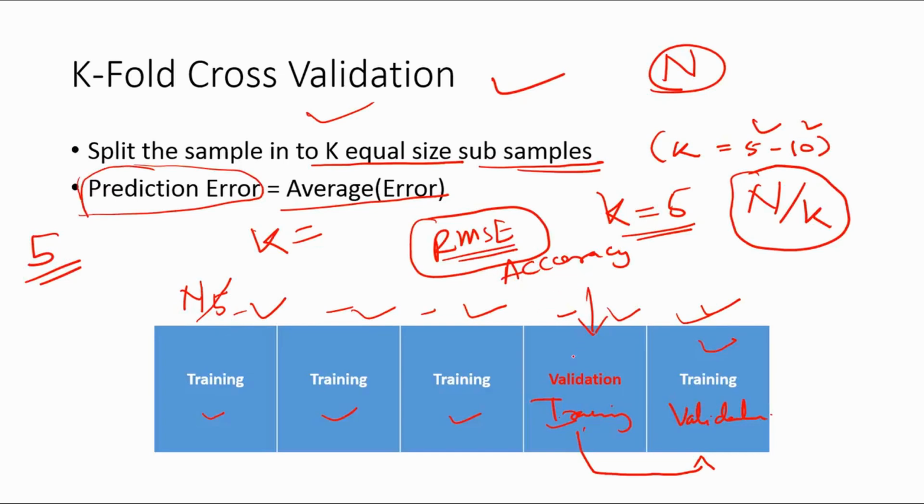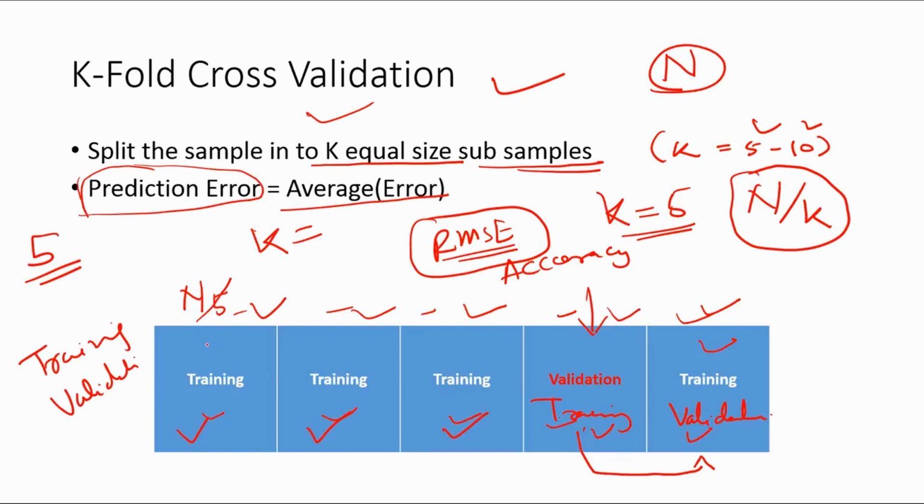Whereas in this case, the validation subsample is actually changing. So every data point would be part of the training sample and part of the validation sample, because the validation set can be this split, this split, or this split.